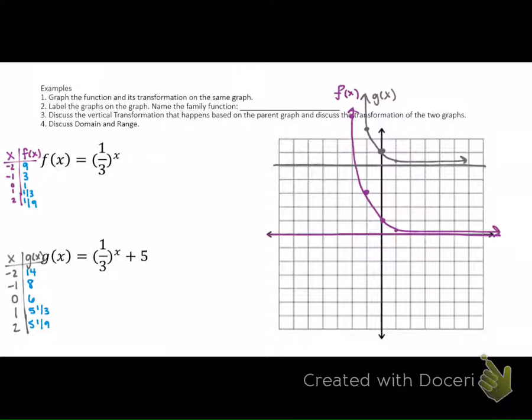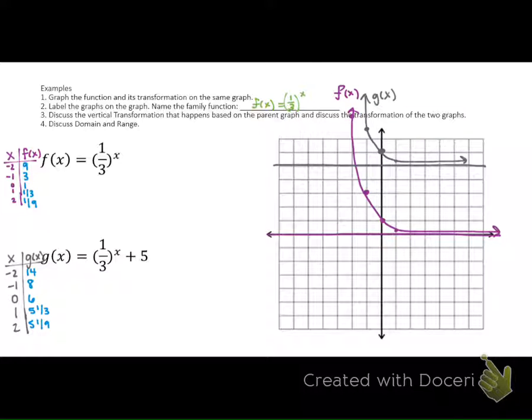All right, guys, what is the parent of this one? We've already labeled them. What is the parent of this function here? Who can tell me the parent? Alex? Say it as an equation all the way. Oh, that's the x. 1/3 to the x.